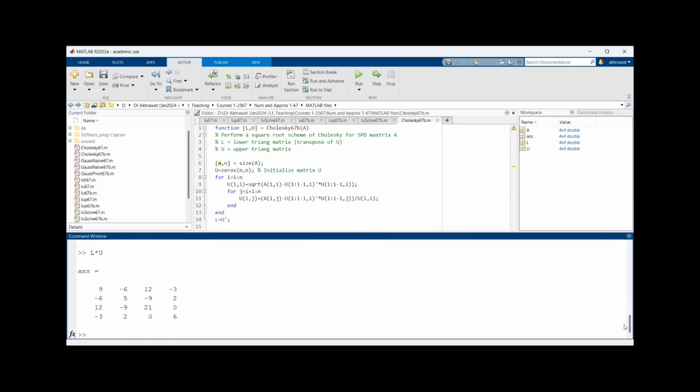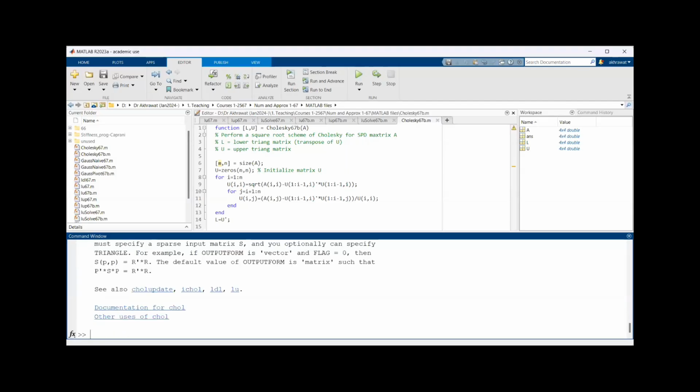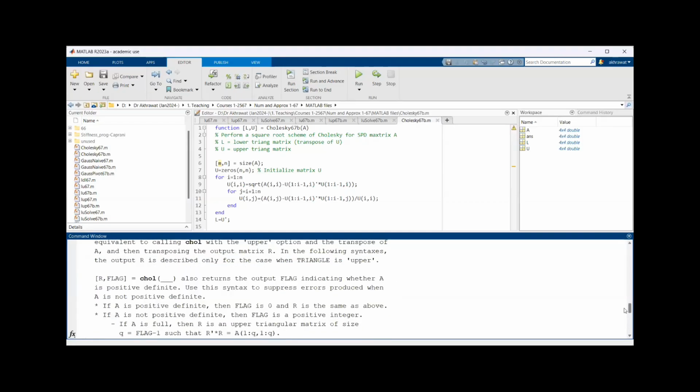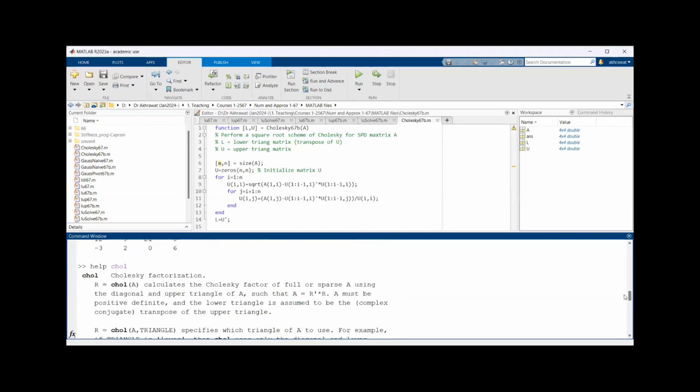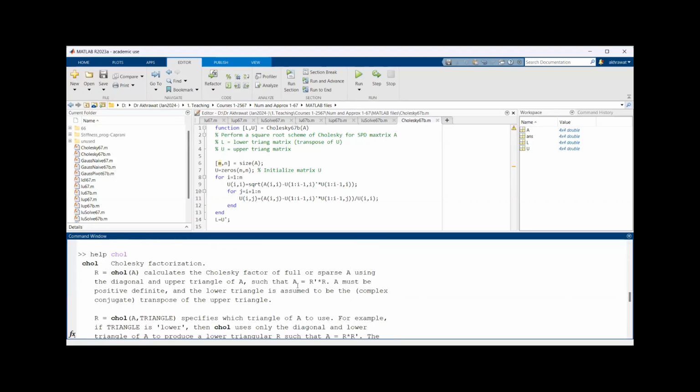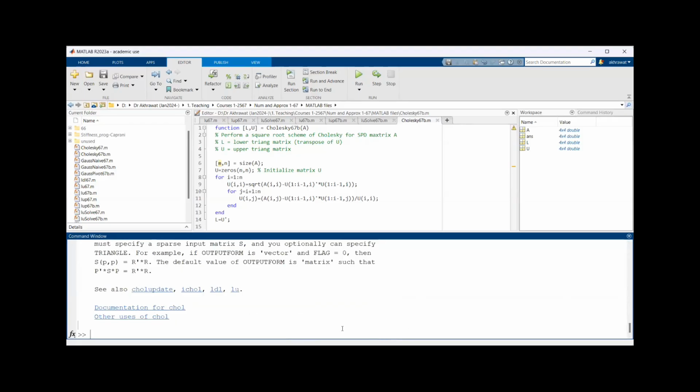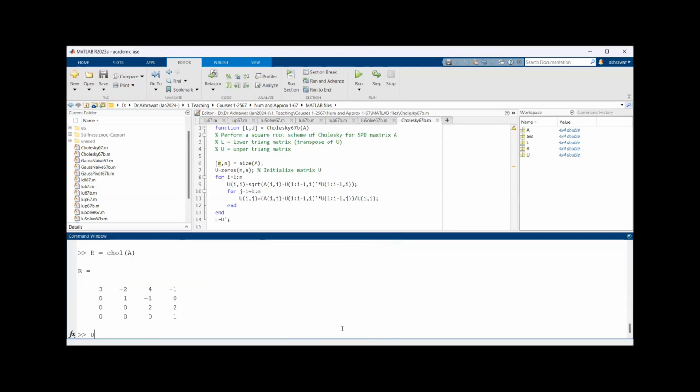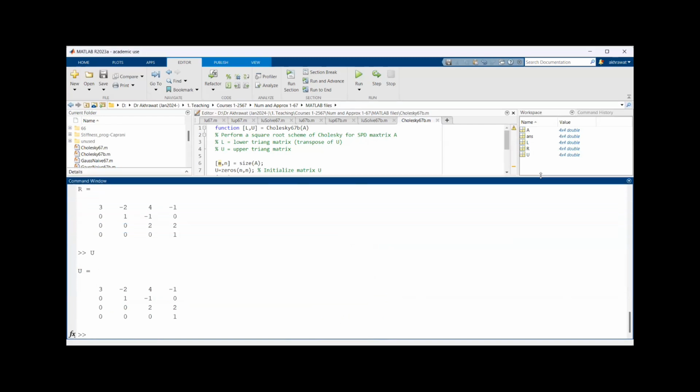And MATLAB has the built-in function chol that will perform Cholesky. Let's see if we call the built-in function, whether we get the same result as our U. Same result.